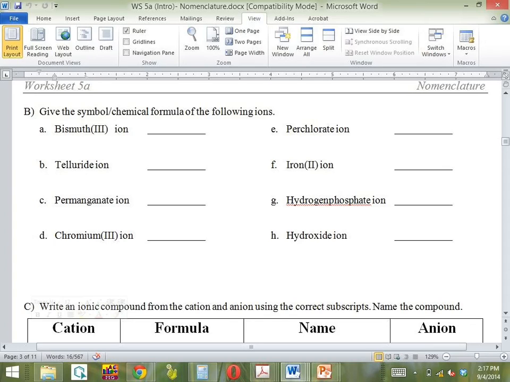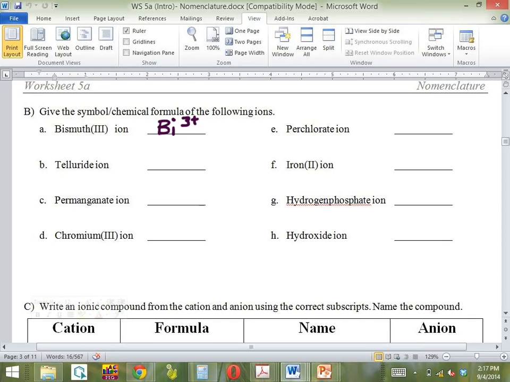So how would we write the symbol for bismuth ion? We need the element symbol, right? It is Bi. And what's the charge? It's 3+. The Roman numeral tells us the charge because we can't figure it out from the periodic table.